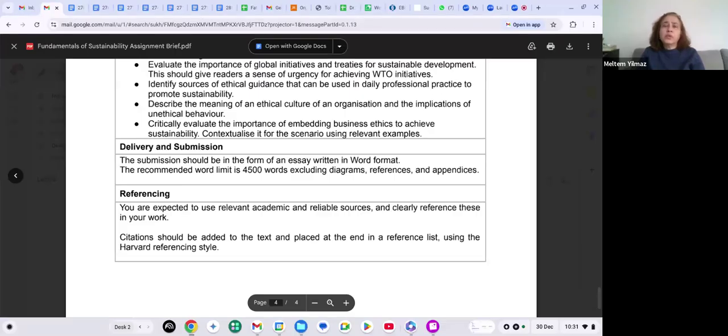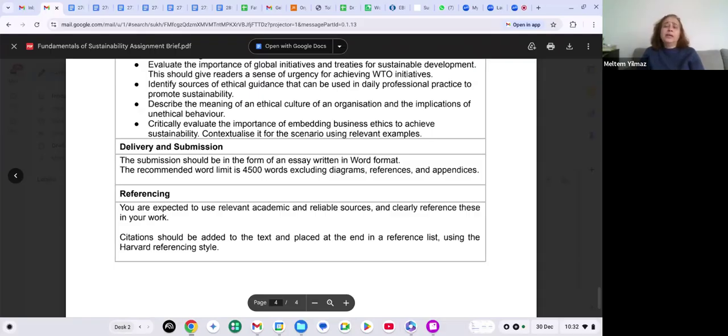So, of course, we expect you to add the references that you use in the scenario. You are expected to use relevant academic and reliable sources and clearly reference these in your work. So citations should be added to the text and placed at the end in a reference list using the Harvard referencing style.